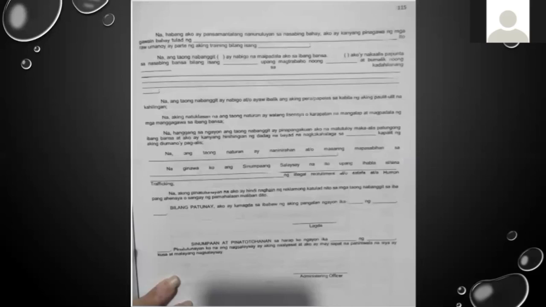Tapos ituturo niya po yung ako ay buong nagtitiwala at ay nag-a-apply na sa isang taong natural na bilang isang kunyari kriminal, nakita niya talaga yung pagpatay, nakita niya rin po yung. Then dito naman po.